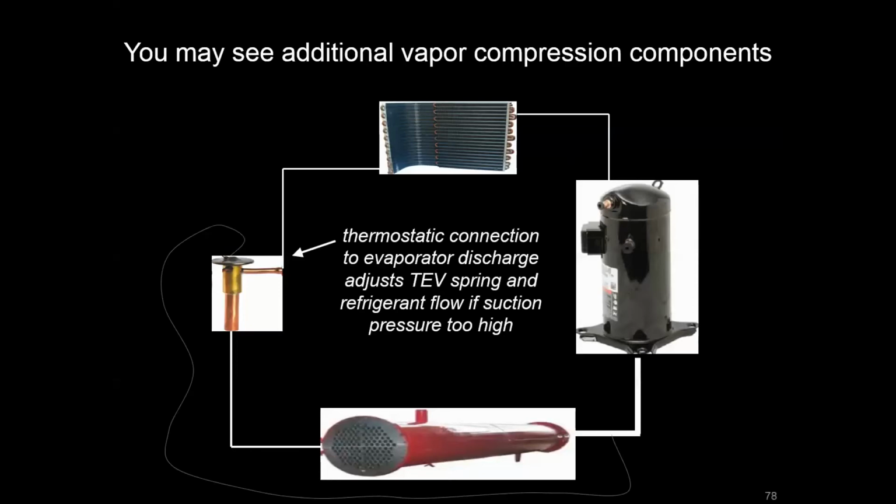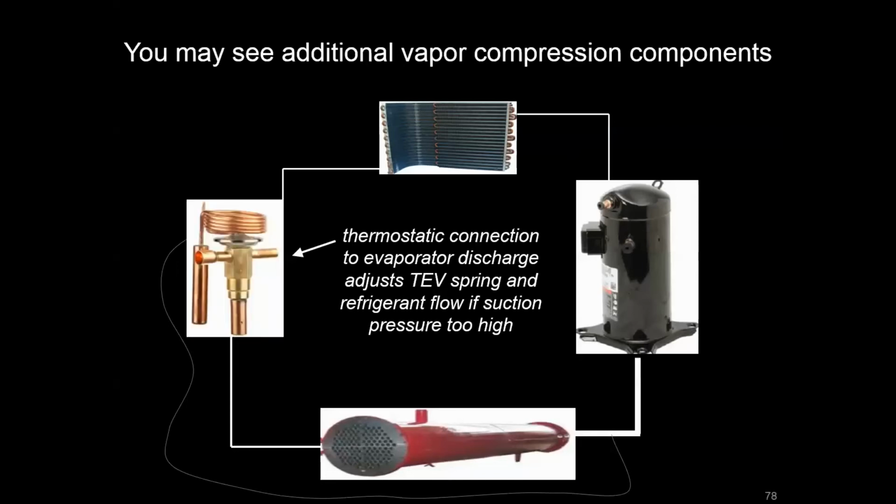So the first thing that you may notice is that the thermostatic expansion valve may not look quite like what we have pictures, and it might look more like this. So one of the components that's common in something like a chiller arrangement is this temperature probe that's going to have a bulb that's going to run all the way to the evaporator. And what it's doing is measuring temperature, because as the temperature gets lower, that's an indication that you're in low load.